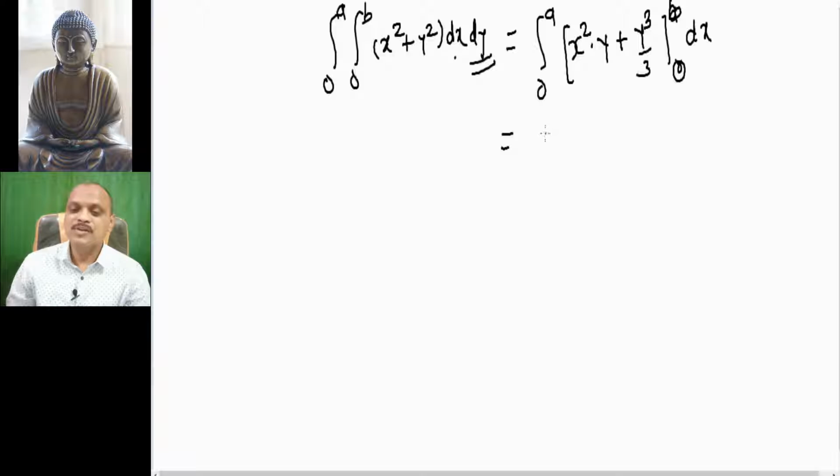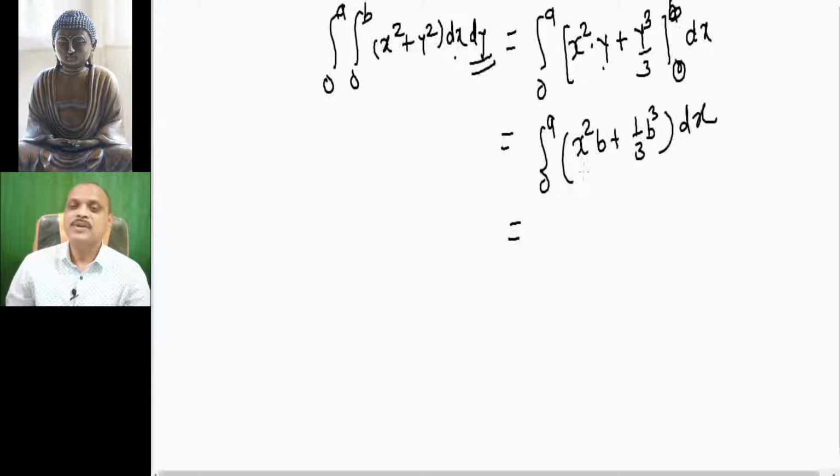Let us put in the upper limit: integration 0 to a of x square b plus 1 by 3 b cube, and at the lower limit y equal to 0, this will be 0, into dx.